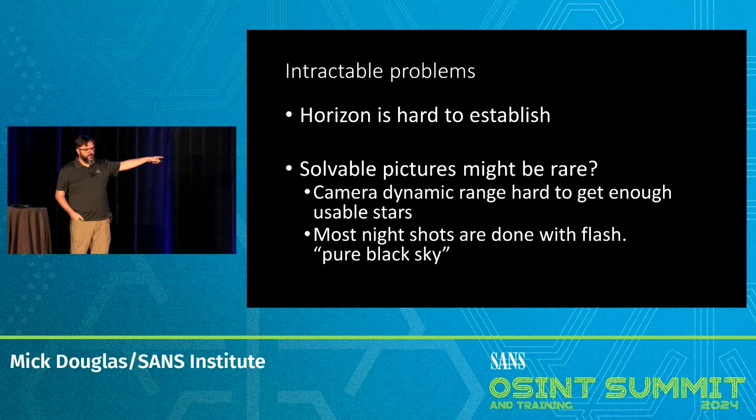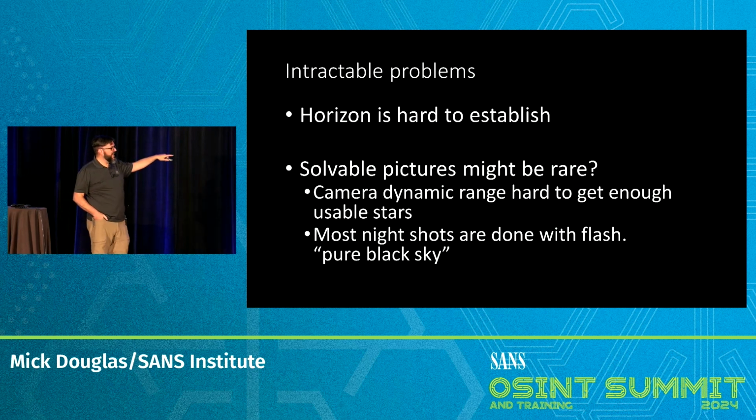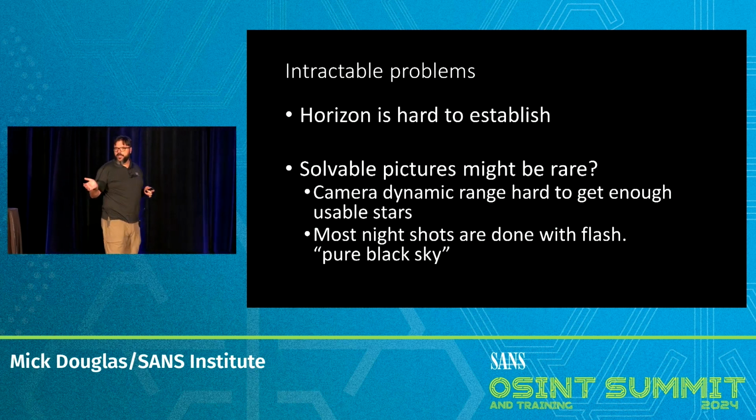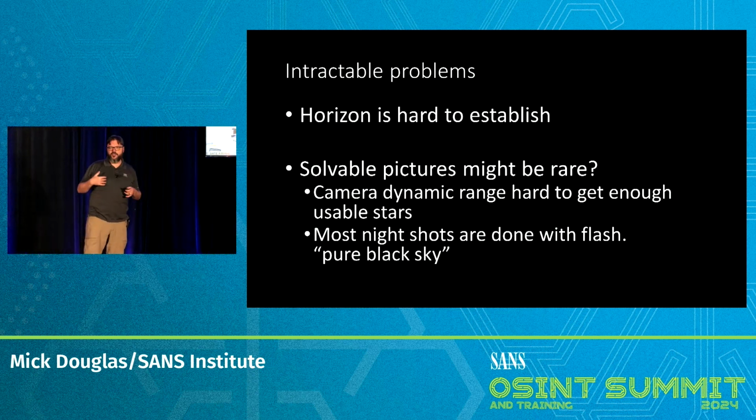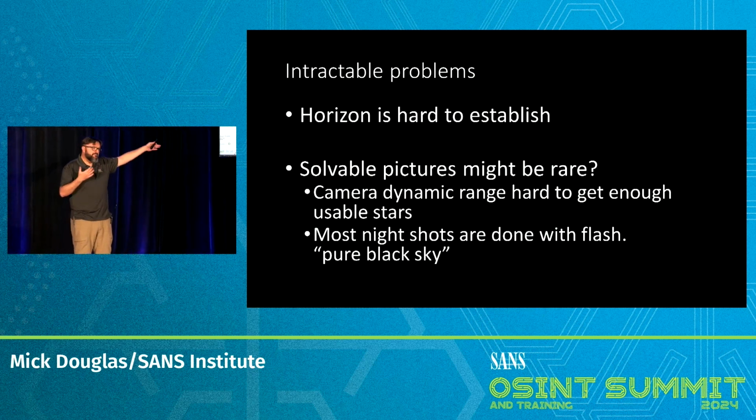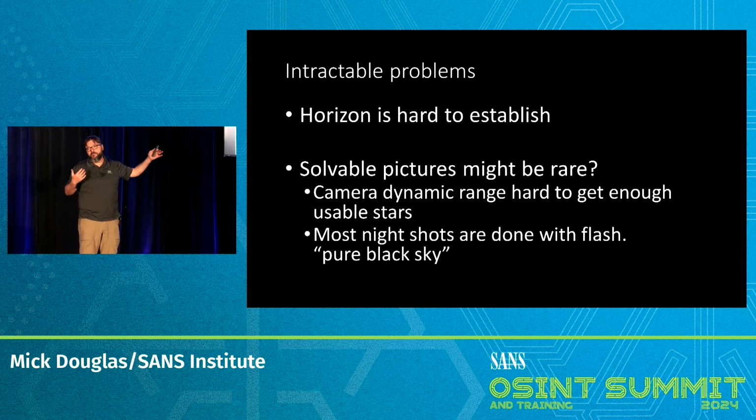Other things to note: unless somebody has a very nice cell phone, or is shooting in night mode, you might not even get stars. That's part of the reason I wanted to talk a lot about lines of position, so that I was giving you something immediately applicable. This is something to have in your tool belt, but it might not ever come to fruition, especially if people are using a flash.